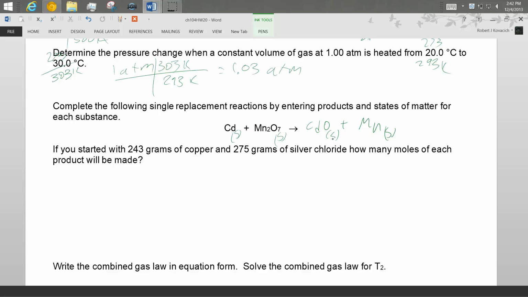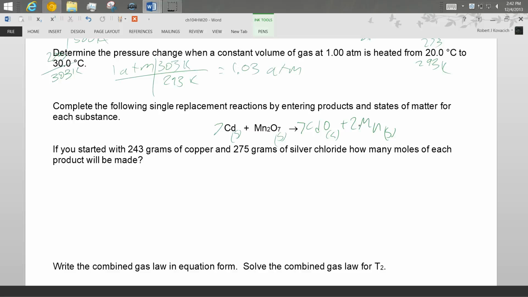And balancing, what do we want to do with that? I think it's 7, 7, 2. 7 cadmiums, 7 oxygens, 2 manganese. All right, that looks good.